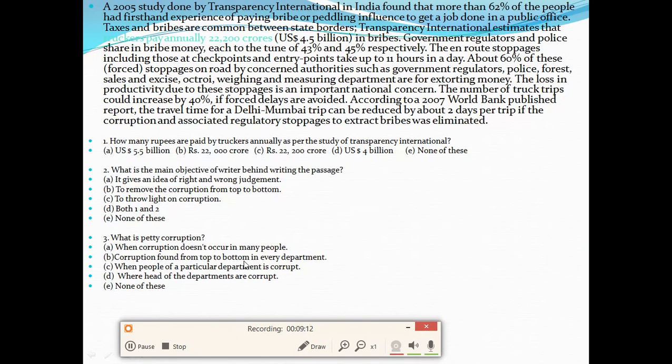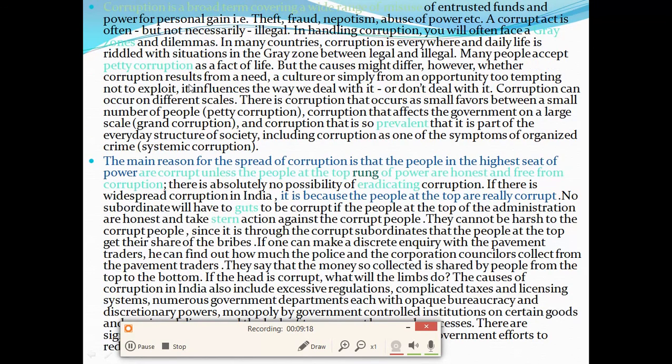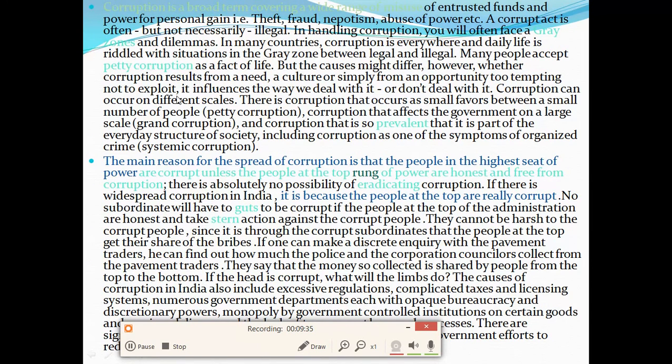The fourth question is why corruption is increasing so rapidly. Here it is written that the main reason for this spread of corruption is that the people in the highest seat of power. So you can select the second option. Go to the next question. The fifth question is what do you understand by gray zones as used in this passage. So go to that line.